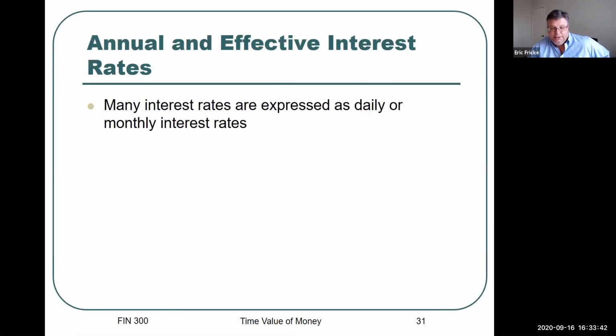So a lot of the interest rates you might deal with are not calculated on an annual basis, but they might be calculated on a daily basis or a monthly basis or some other basis. Like your savings account at your bank, I'm guessing that might be a daily interest rate that you get. And that's how they calculate it, based on how much money you have every single day.